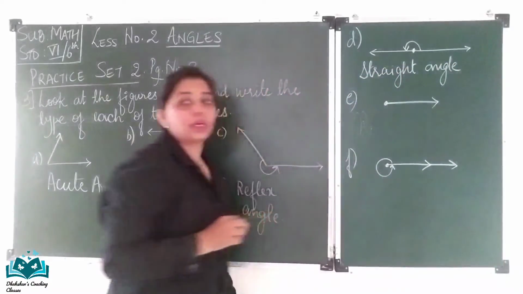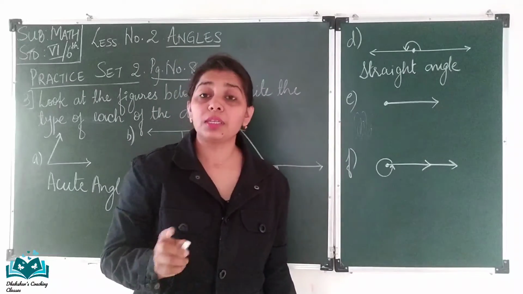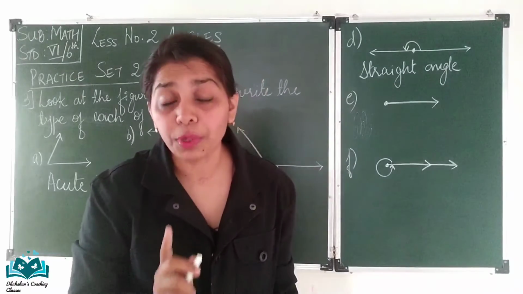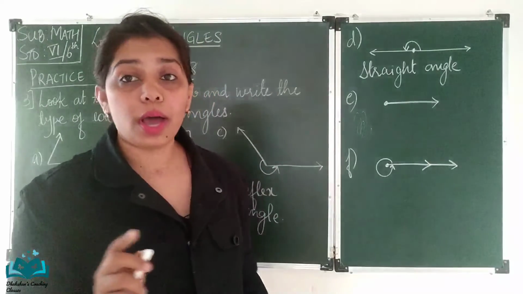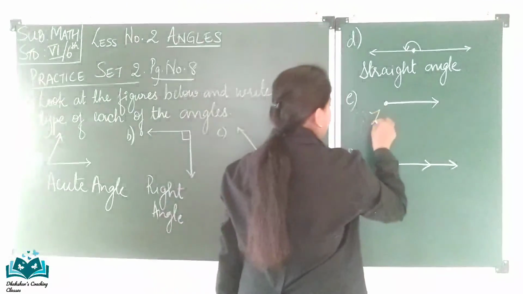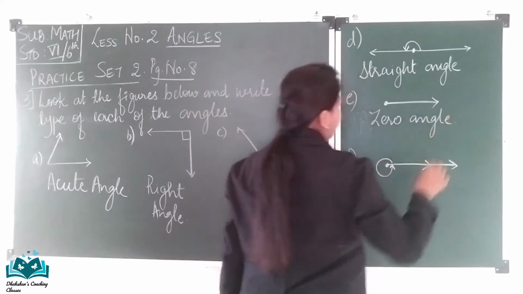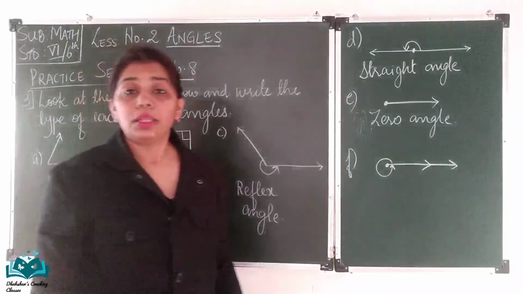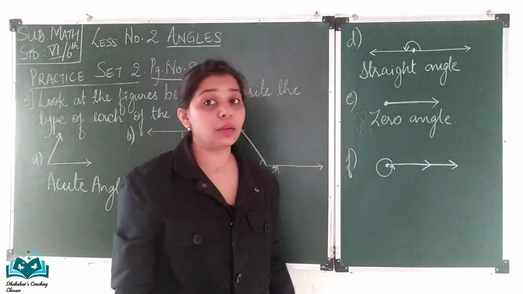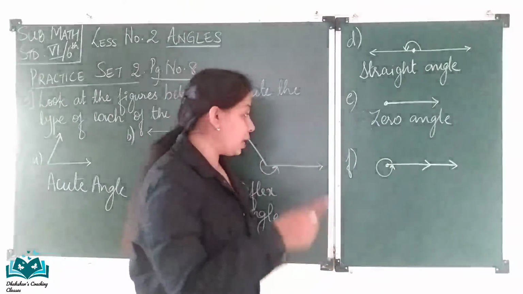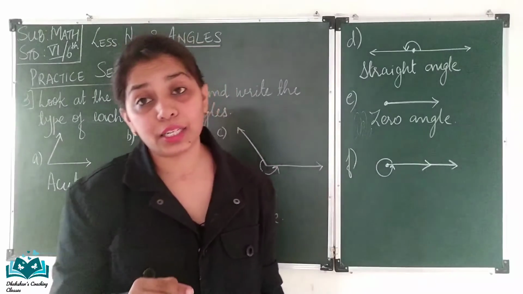angle. A single line with a point means there is no angle being formed. It means it is a zero angle. The last one, figure F. There is an angle being formed with an arrow showing a complete angle being formed.